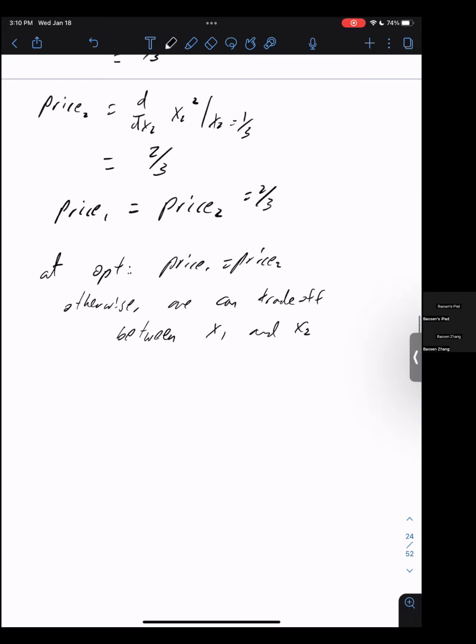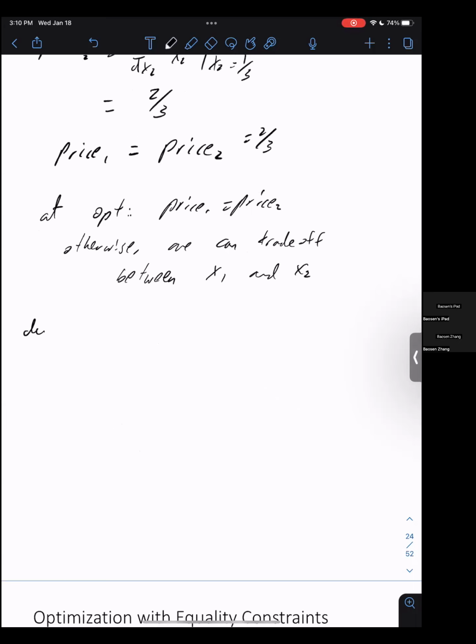Duality theory is basically showing that this is always true. It provides you necessary and sufficient conditions for when a constrained optimization problem is at optimum. That's what duality tries to do.